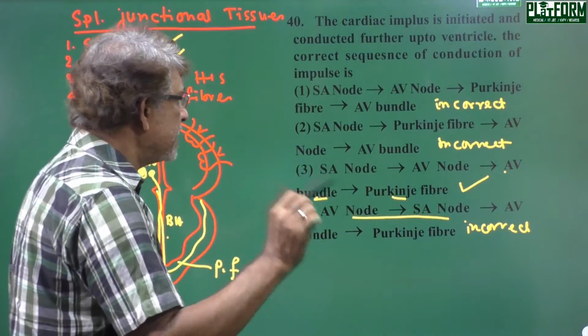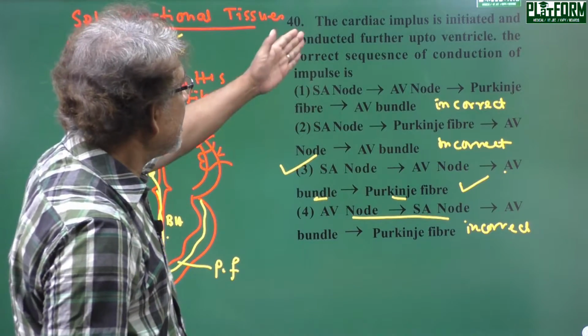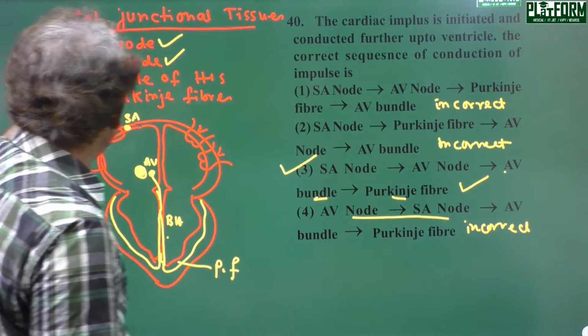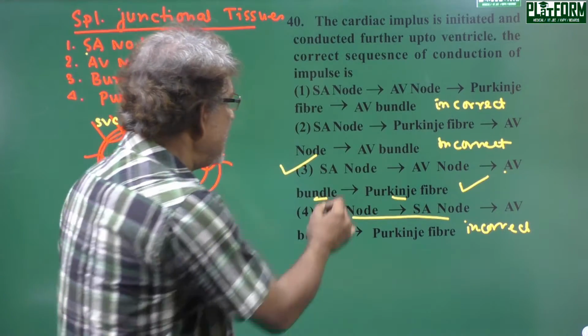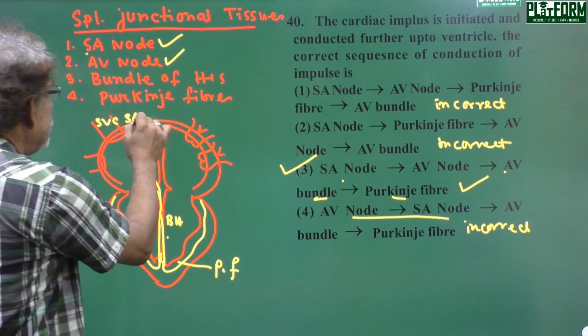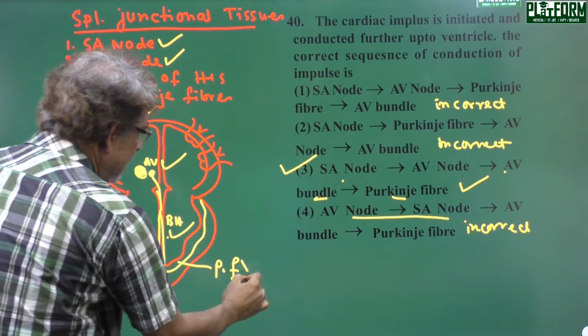So the correct option is 3. The cardiac impulse is initiated by SA node and then conducted up to ventricle through SA node, then AV node, then bundle of His and then Purkinje fiber.